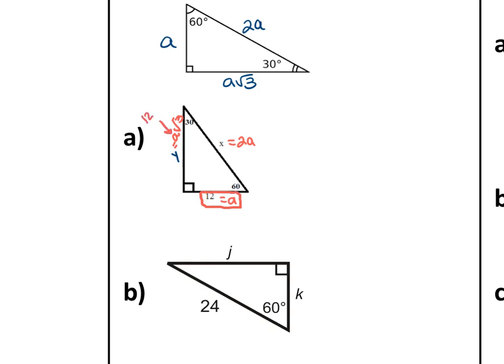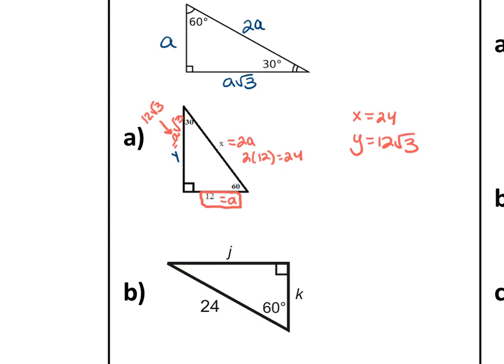This would be 12 root 3, and this would be 2 times 12, or 24. So if you're given the side that is A, then you're just plugging it into the other two sides, right? 2 times A, or 2 times 12, 24.